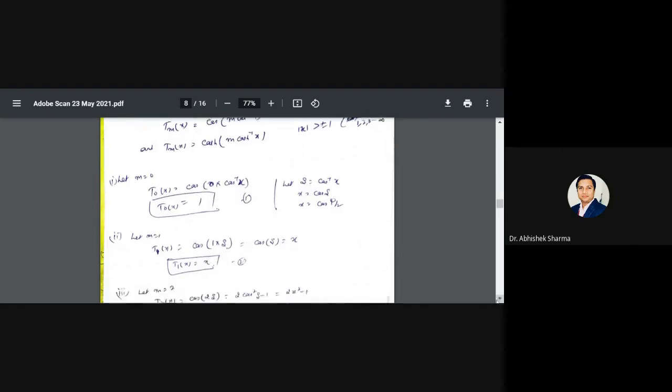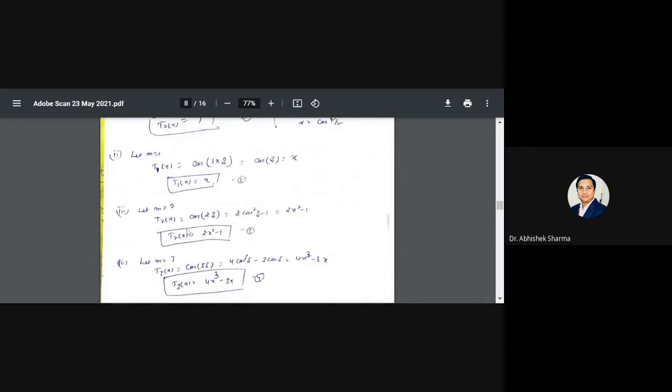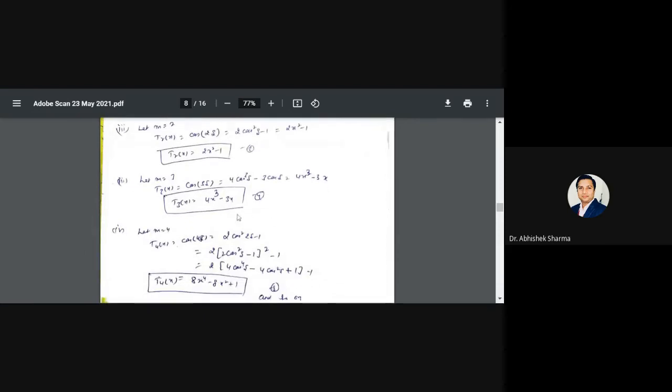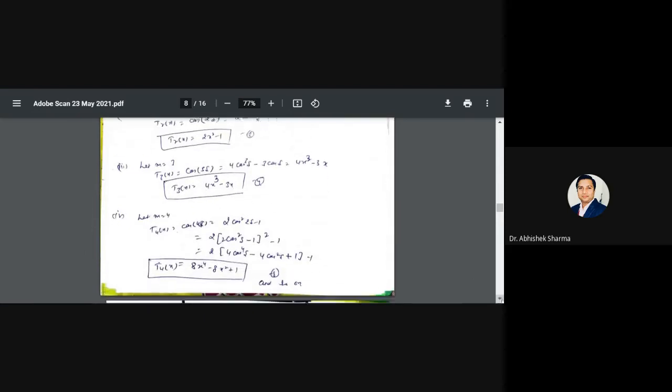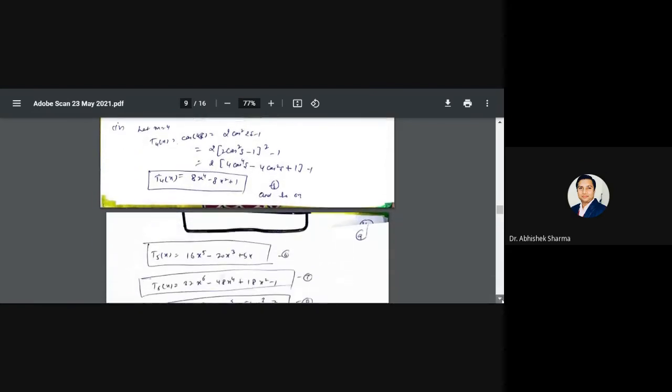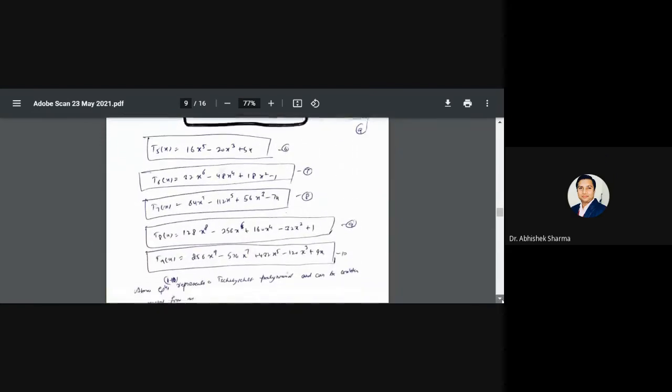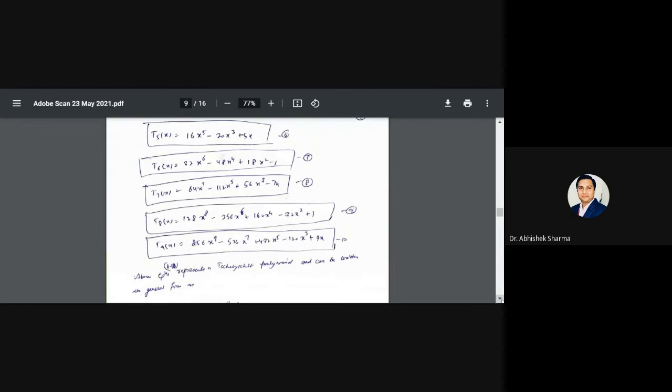Similarly we will find out T2x, that is 2x square minus 1, then T3x, that is 4x cube minus 3x, and so on. We will find out these values for m equal to 1, 2, 3, 4, 5, 6, 7, 8, 9.